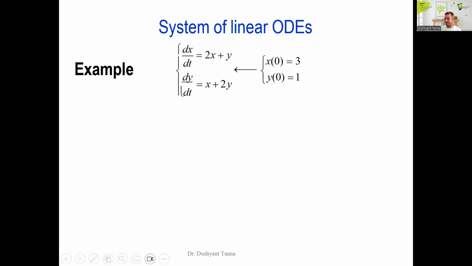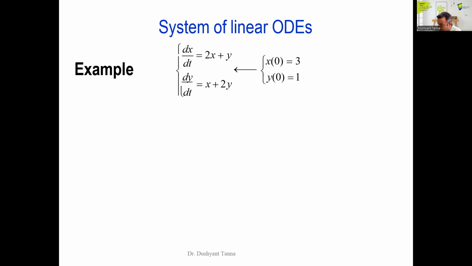Okay, so let's look at an example. This is what it will look like. dx by dt is 2x plus y, dy by dt is x plus 2y, with some initial conditions. There'll be a bit of back and forth, so please follow carefully.